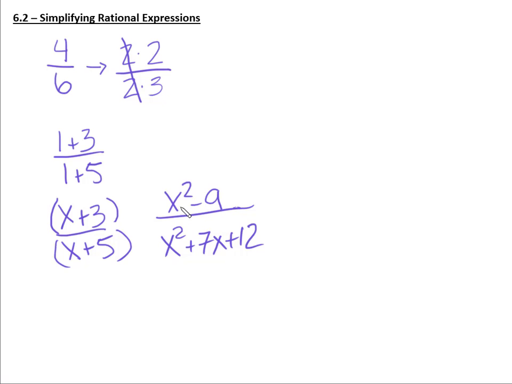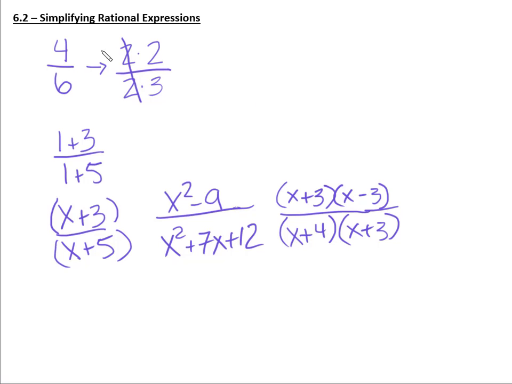In fact, what I can do to simplify this is factor these things out. Up top we have that very common pattern, the difference of squares, which factors as x plus 3 and x minus 3. In the bottom we've got a quadratic. The factors of 12 that add up to 7 are 4 and 3, and I think they both need to be positive in this case. So x plus 4 times x plus 3.